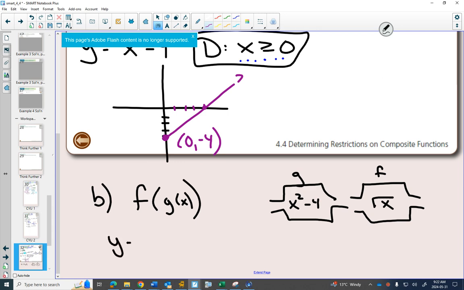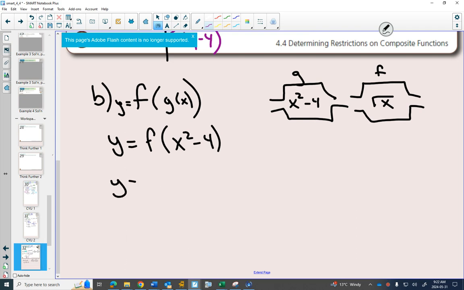So this will be y equals, keep it y equals because I want an equation, x squared minus 4, and then f of x is whatever you put in, you square root. So we get the square root. Did I write it down right? Yep, those were the original graphs. The square root of x squared minus 4.